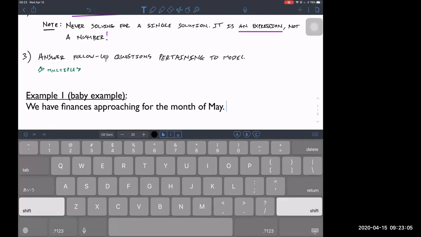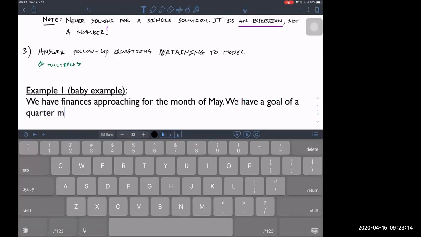And then you have the following. We have a goal of $250,000 to meet by putting money away every month.